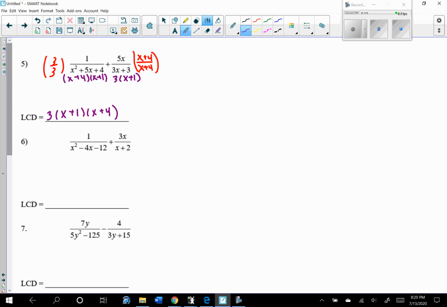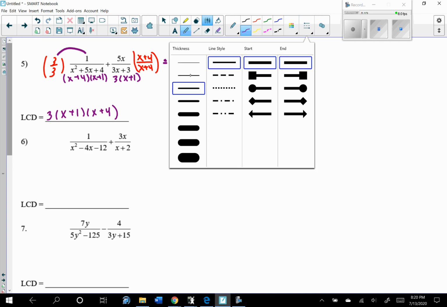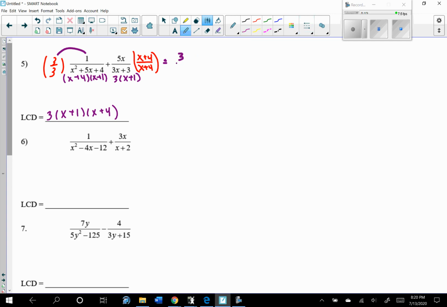So when I do that, 1 times 3 is 3, over 3 times x plus 4 times x plus 1, plus, and here you're distributing the 5x. So that gives us 5x squared plus 20x all over 3 times x plus 4 times x plus 1.